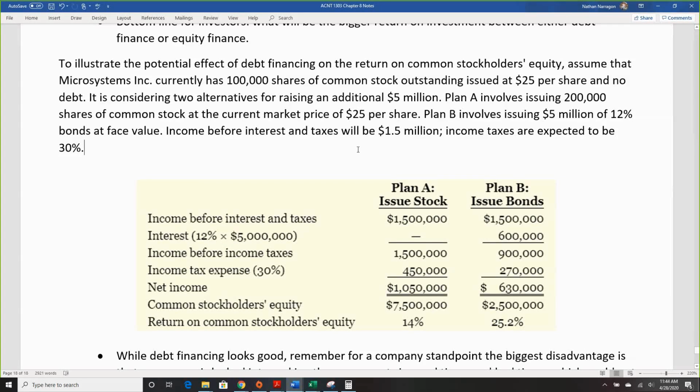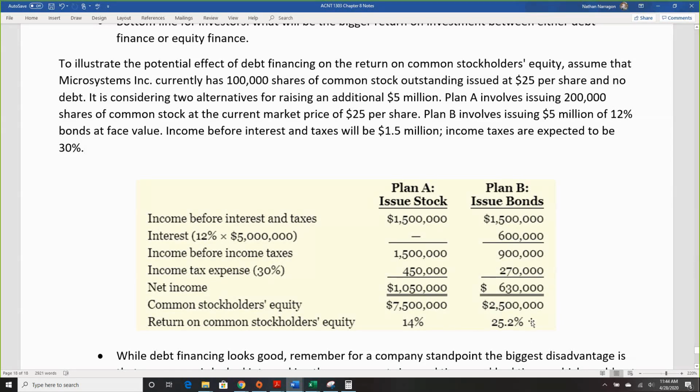Again, they're looking at the overall picture. So our income actually gets reduced to 900K. Multiply that by 30%, which gives us an income tax of $270,000. Subtract that to get our net income, and divide by our current common stockholders' equity.